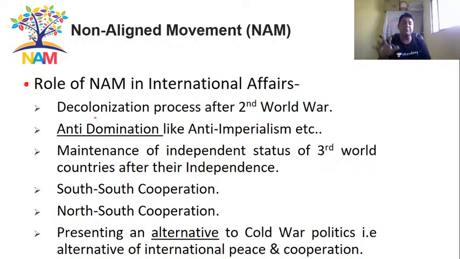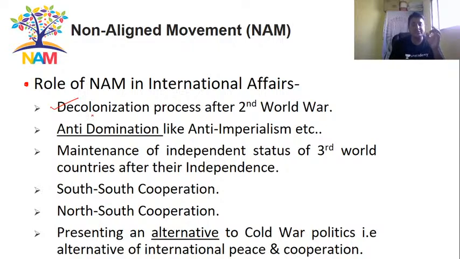Role of NAM in international affairs means what NAM did in the past. First thing, NAM supported the idea of decolonization.